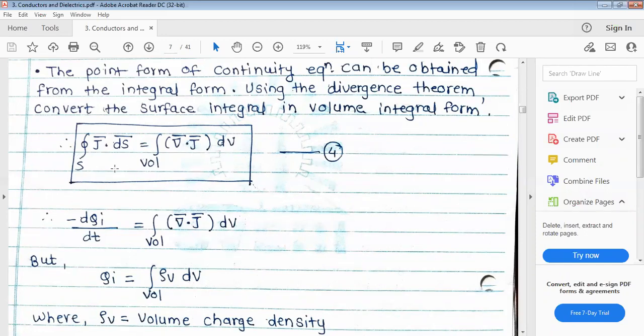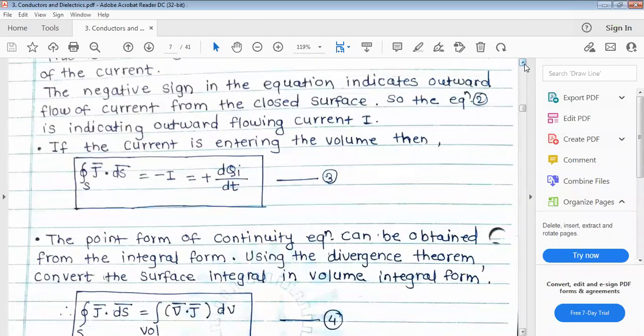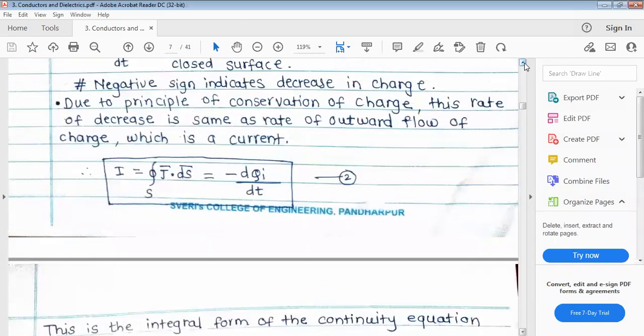From this equation, the closed surface integral of j bar dot ds bar is equal to minus dqi upon dt, which is equal to current I. You can see the first equation, when we are considering that the current is going in the outward direction.